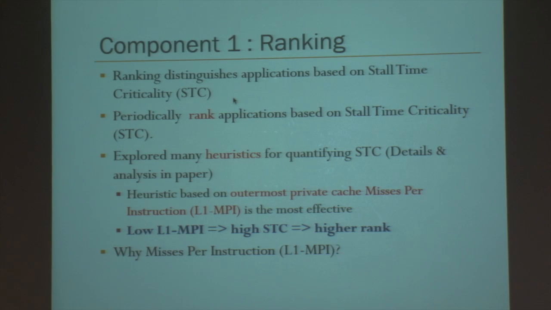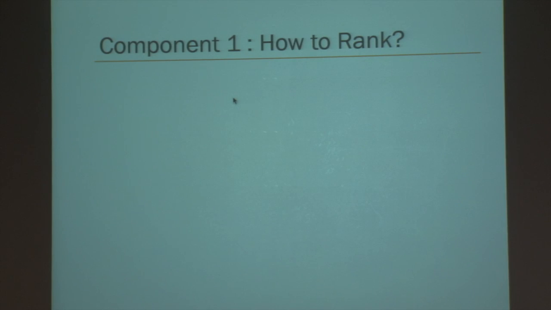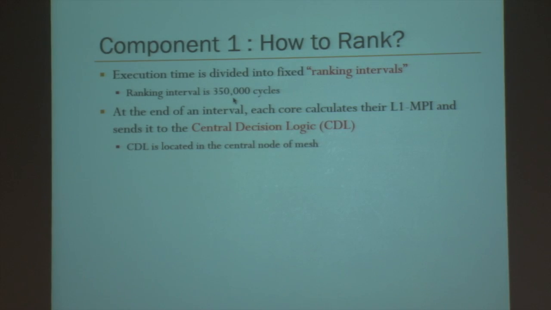You rank based on those. I won't go into details, but take a look at the paper to see how this mechanism works. There are some ranking intervals. Every 350,000 cycles, you look at the STC of each application, and you sort the applications based on STC. There's a central decision logic that updates these rankings.